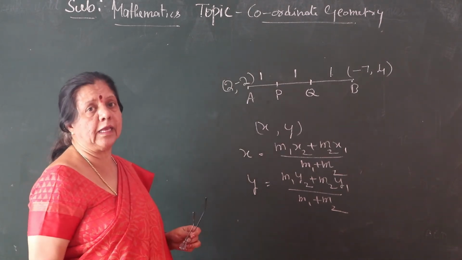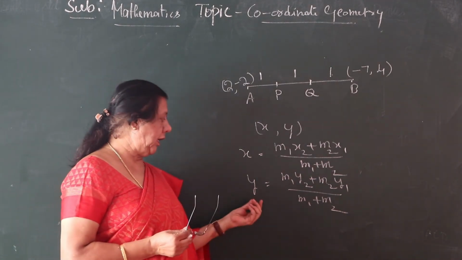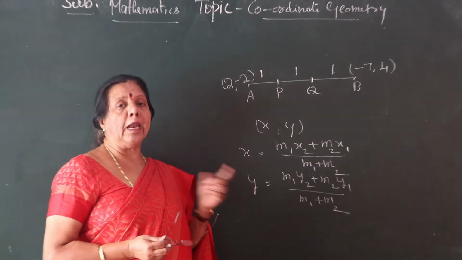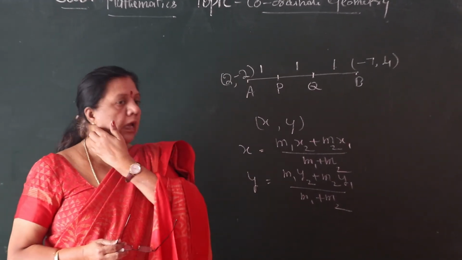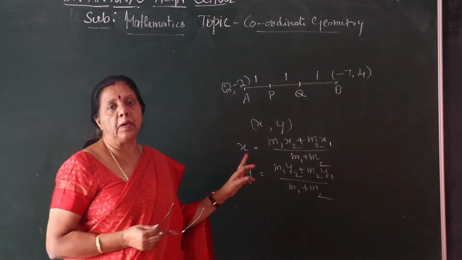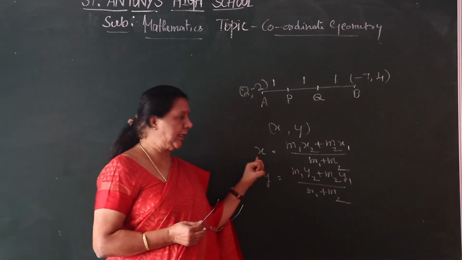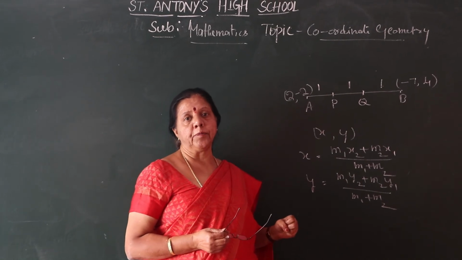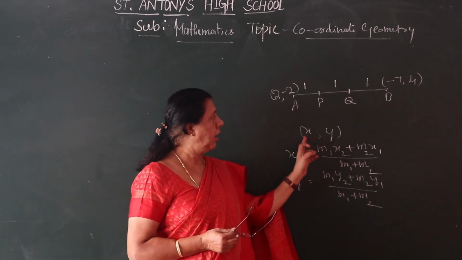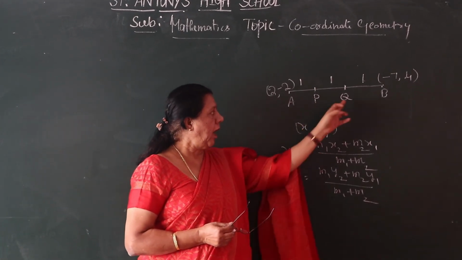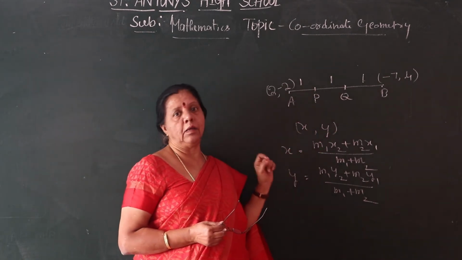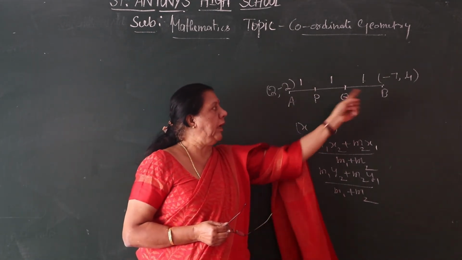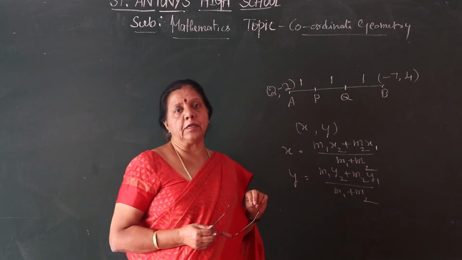You know x is the abscissa, y is the ordinate. Now we have to find out P(x, y) and Q(x, y) with the help of the coordinates of A and B.